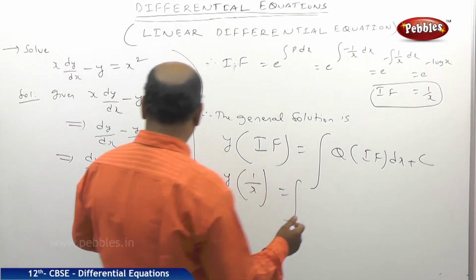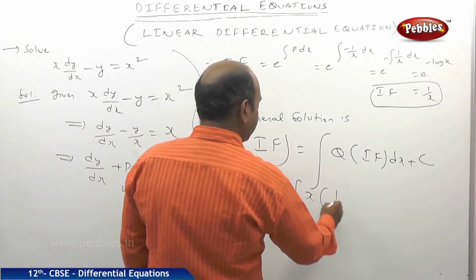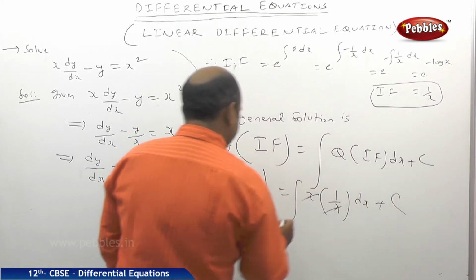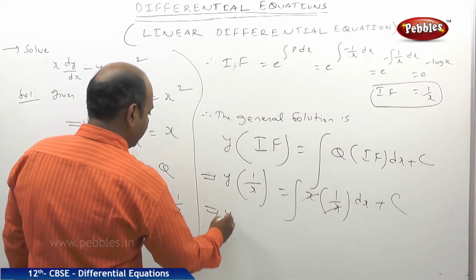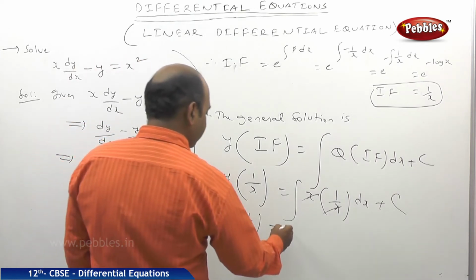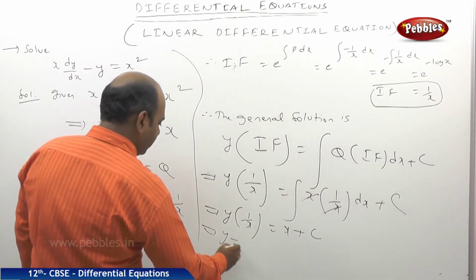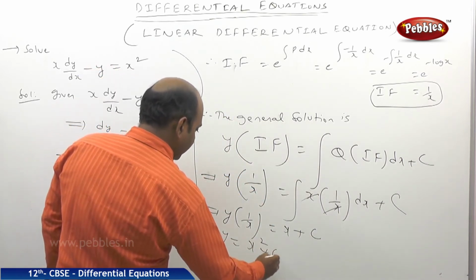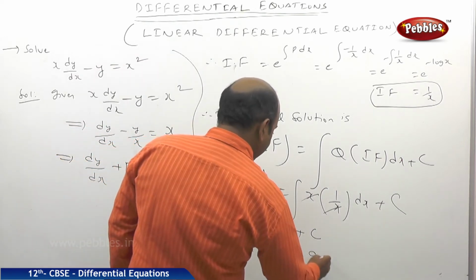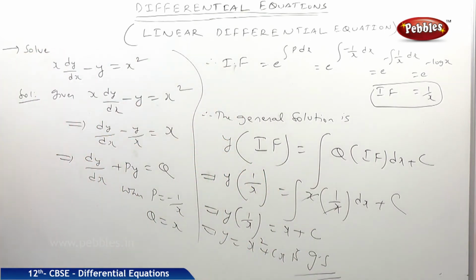Q means what here? X. X into integrating factor means 1 by x dx plus c. I think x will be getting cancelled. So finally y into 1 by x is equal to integral of dx will be x plus c. So finally y is equal to x, moving to that side, x square plus cx is general solution for the given differential equation.